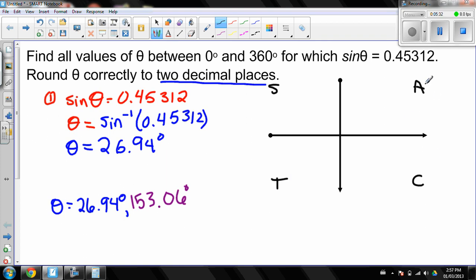So cosine, all, sine, and tangent. Since we're looking at our value of sine as a positive, that means that it's going to occur either in my first quadrant because sine is positive, or in my second quadrant because sine is positive, meaning that I have two solutions of 26.94 and 153.06.